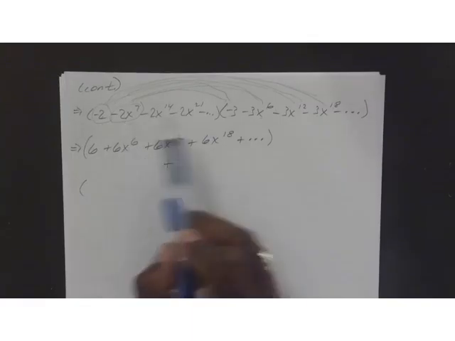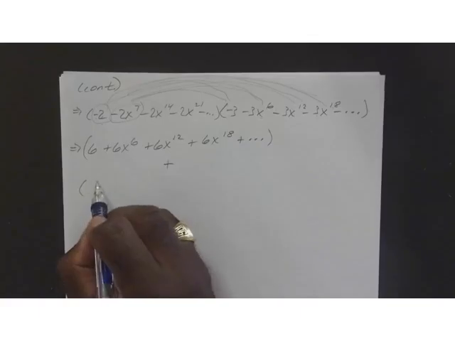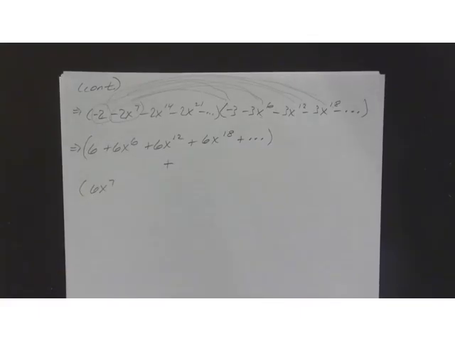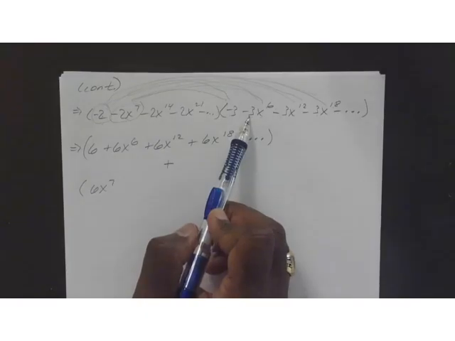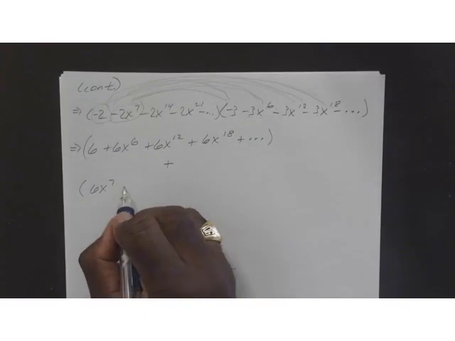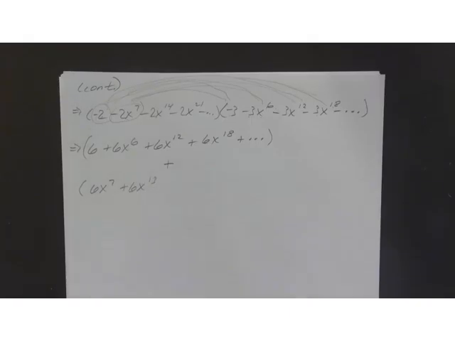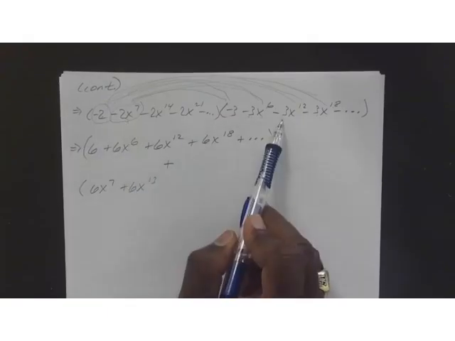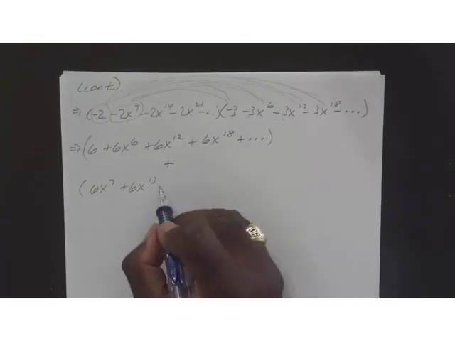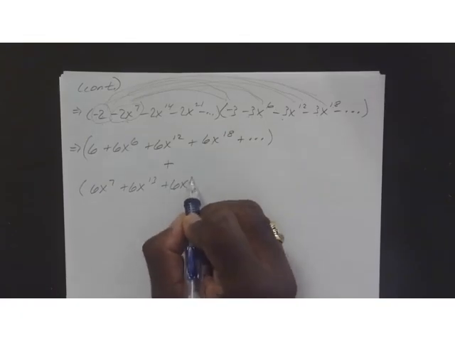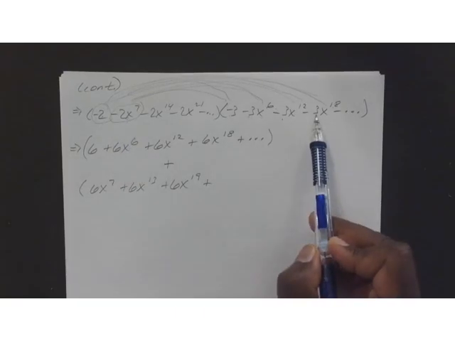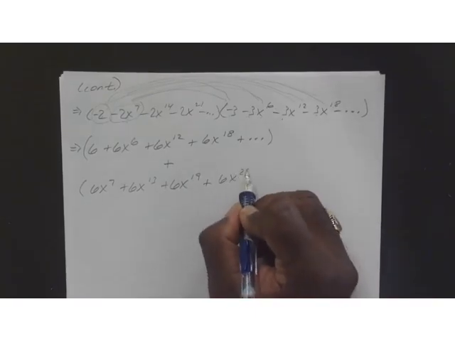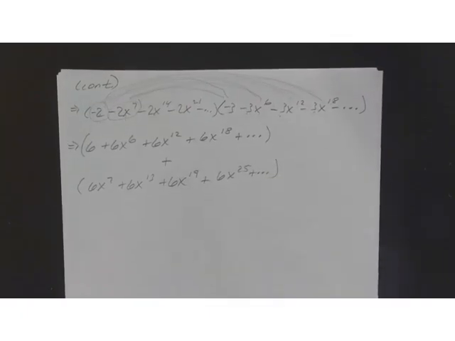So -2x to the 7th power times -3 is +6x to the 7th. -2x to the 7th times -3x to the 6th is +6x to the 13th. -2x to the 7th times -3x to the 12th is +6x to the 19th power, plus -2x to the 7th times -3x to the 18th is 6x to the 25th power, and keeps on going, but we don't care about those.